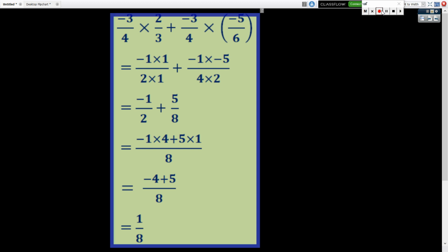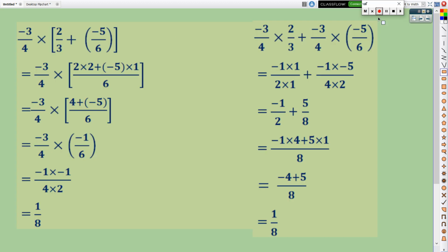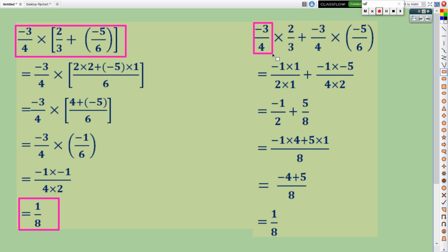Now compare these two questions. When we multiply negative 3 by 4 into 2 by 3 plus negative 5 by 6, you got the answer 1 by 8. Here when we multiply negative 3 by 4 into each number inside the bracket, that is 2 by 3 and negative 5 by 6, there also the answer you are getting is 1 by 8.